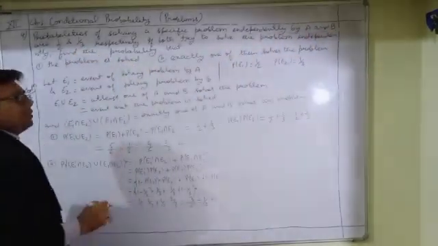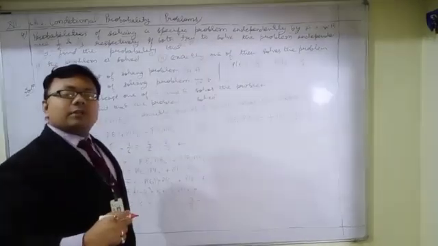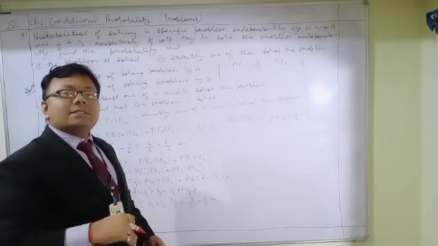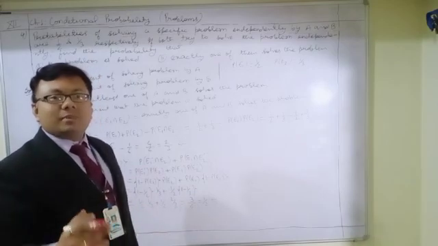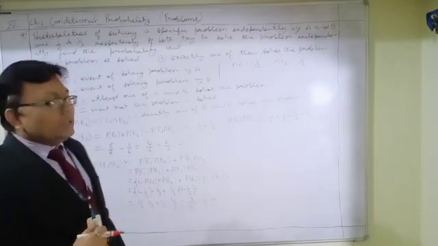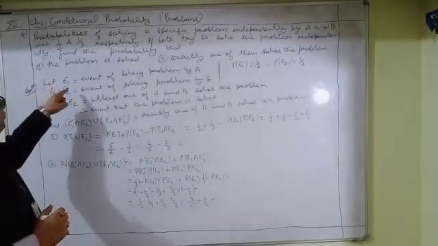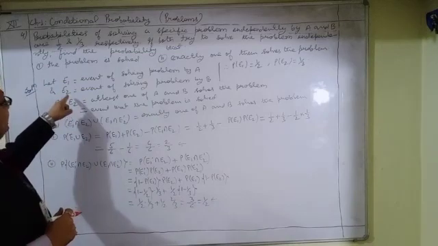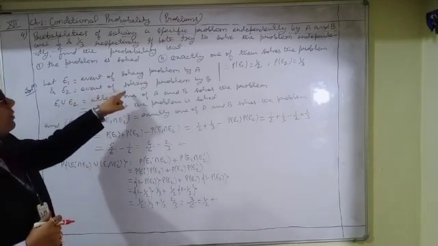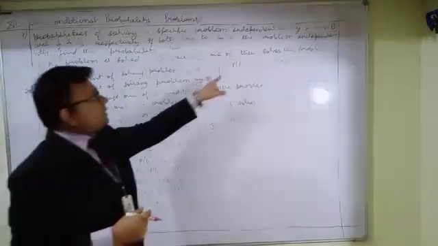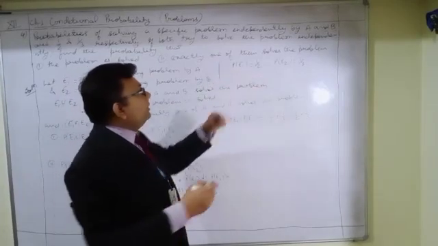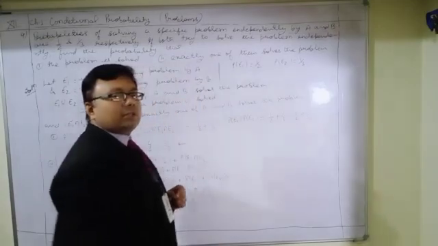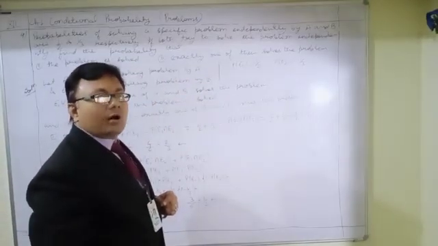So these are the two parameters: solving the question by subject A is one parameter, and solving the same question by subject B is the other. Each will be assumed as an event: E1 is the event of solving the problem by A, and E2 is the event of solving the problem by B. In the question it is given that probability of E1 is 1 by 2, and probability of E2 is 1 by 3.